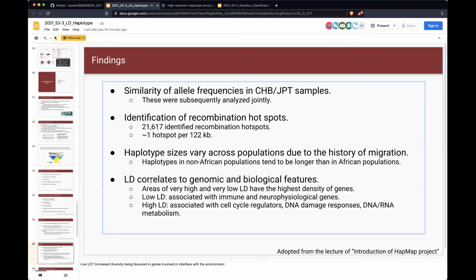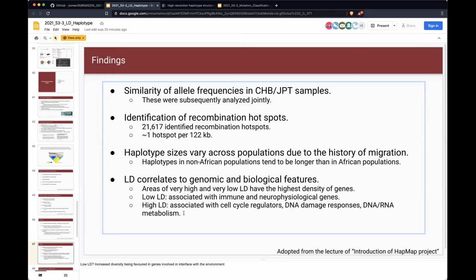And also LD correlates with genomic and biological features. So low LD, which is where LD is less likely to happen, is associated with immune and neurophysiological genes. But where LD happens more frequently, that's related to the cell cycle, DNA damage response, or metabolism, right?